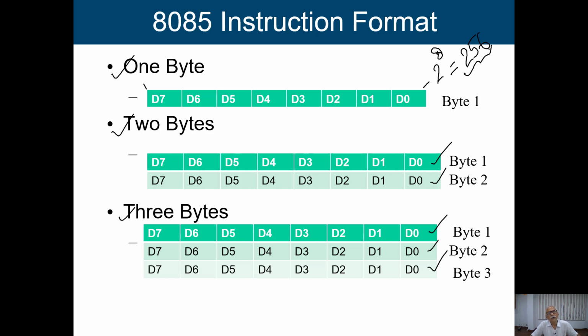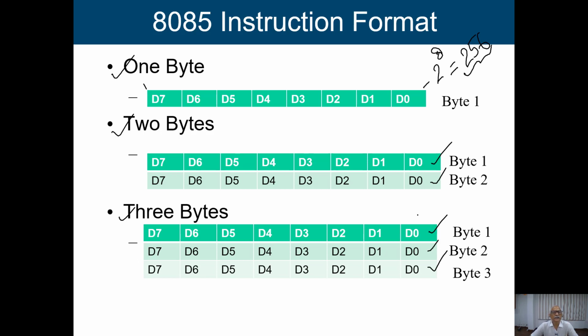Okay. Now we'll see how designers have designed these three different kinds of instruction. Basically, as a user, when I am going to use this 8085 microprocessor, I don't require all those internal details.